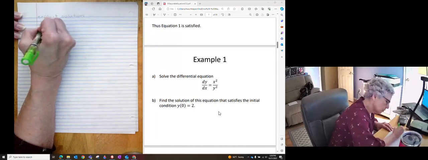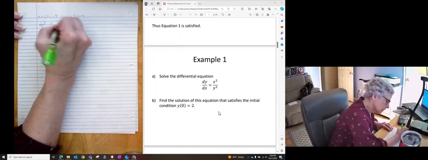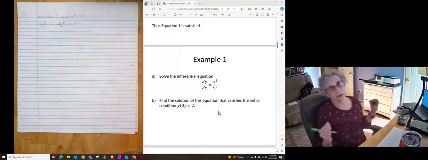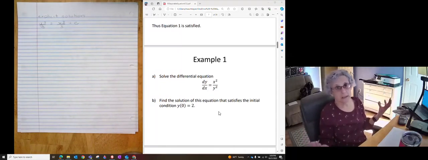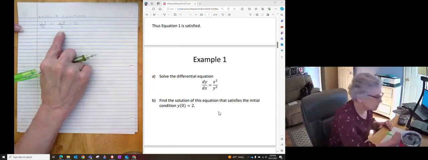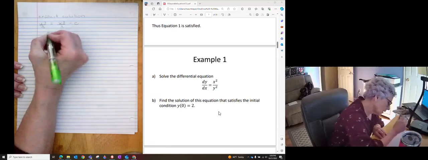So I had y cubed over 3 is equal to x cubed over 3 plus c. Now I know that when you integrate you have to add c. You don't have to do it on both sides, just once. And we usually put it with the x.